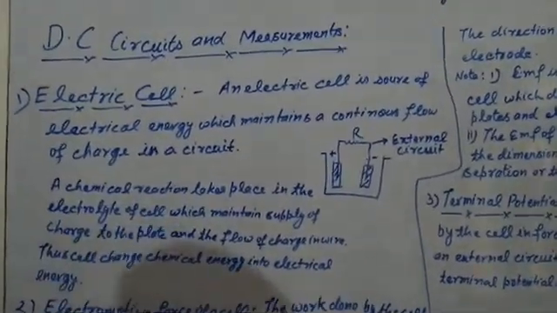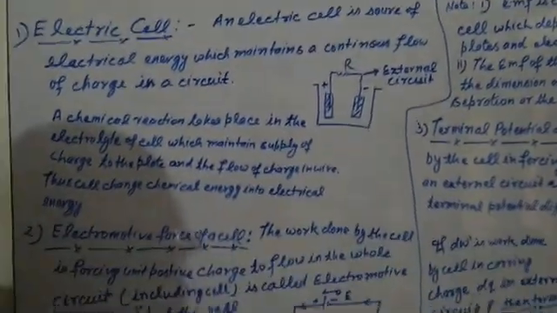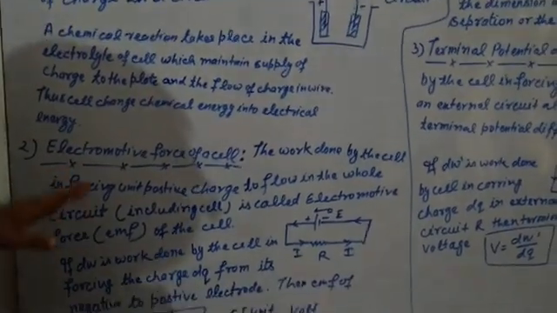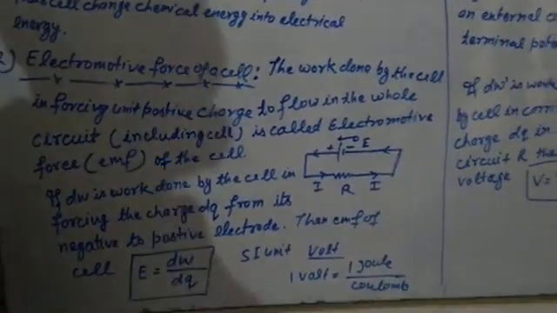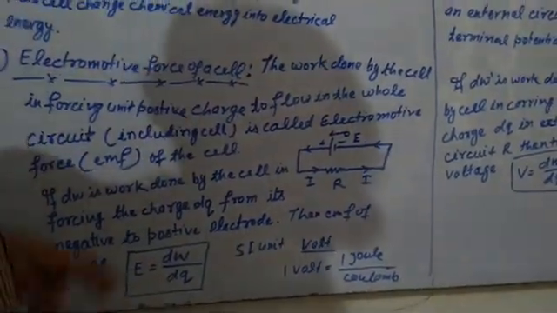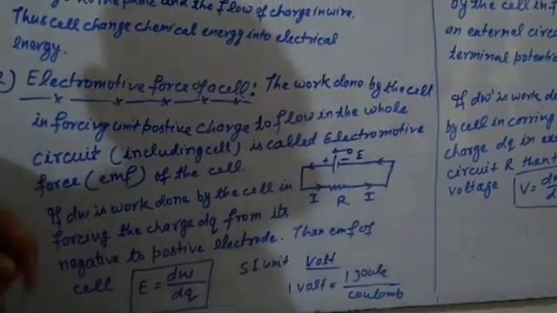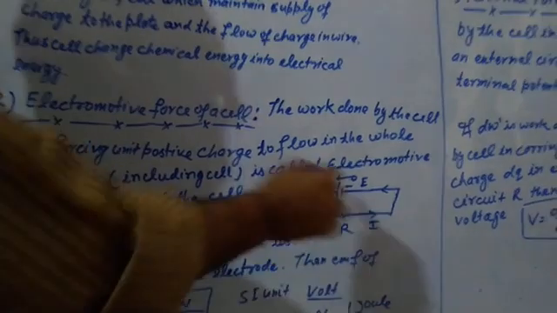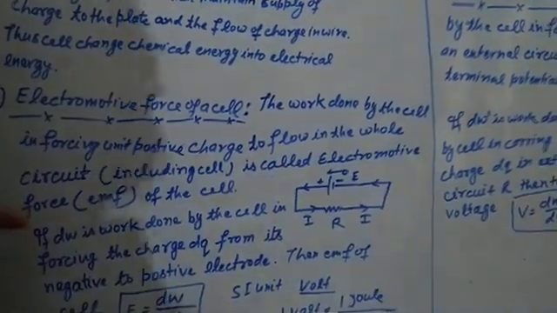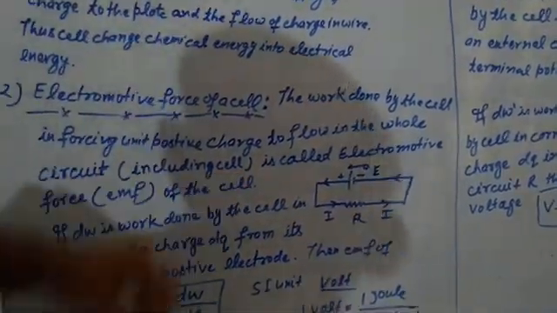Now, come on, electromotive force. The electromotive force is defined as the work done by the cell in forcing unit positive charge to flow in the whole circuit, including the cell side.